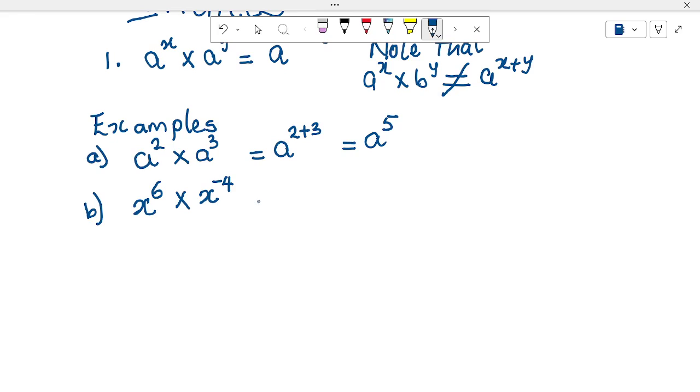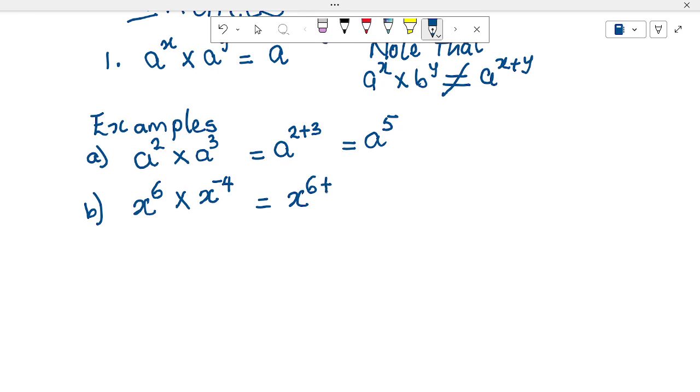This now gives us x. Can you tell me what it will give you? Did you say raised to power 6? You're correct.